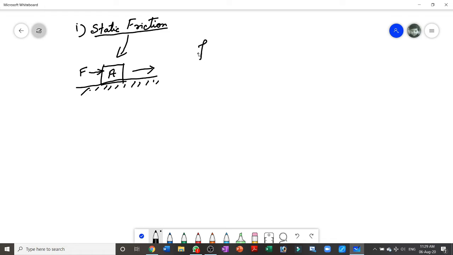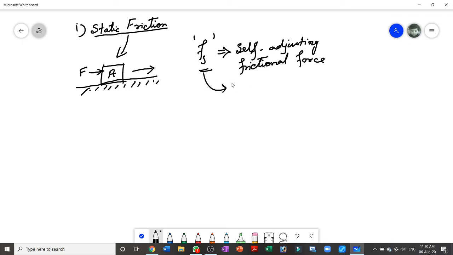Static friction is denoted by F of S. It is called a self-adjusting frictional force. That means we cannot have any definite formula for this. It is variable in nature.